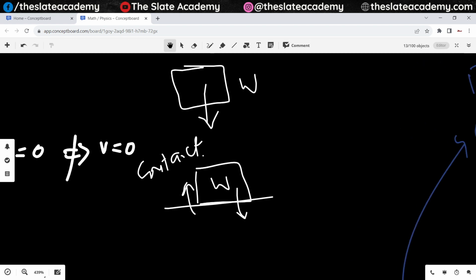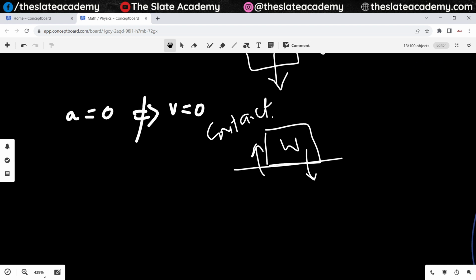Hopefully this is clear to you, there is no issue with it. So any body which is moving at a velocity of, let's say, 2 meters per second, so v is equal to 2 meter per second, can also have acceleration zero. And if acceleration is zero, we know that this body has got zero net force acting on it. Even though the body is moving, the net force on the body is zero. Is this clear to us?